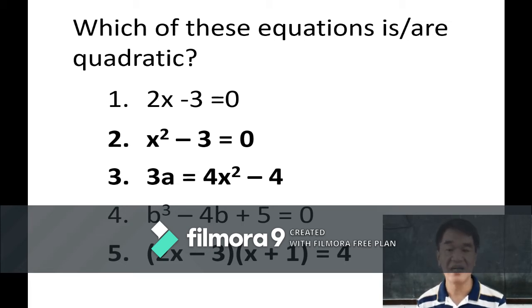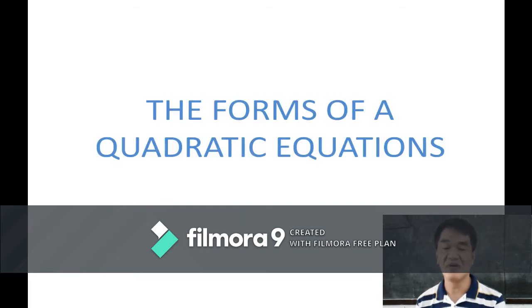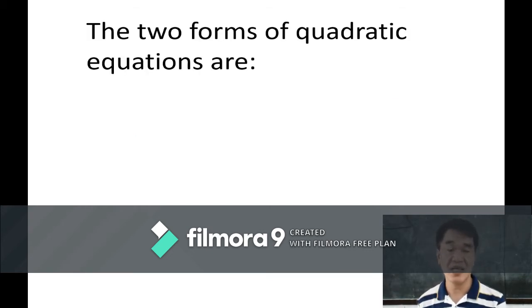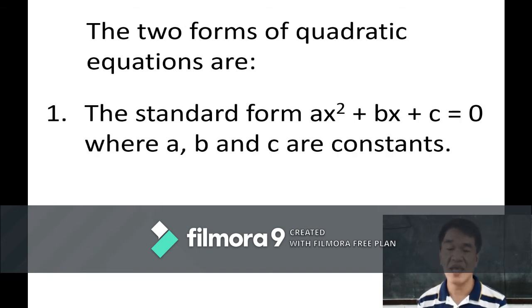Is it clear? Now, let's go into the forms of a quadratic equation. Take note that this is very useful in the next topics to come. Actually, there are 2 forms of quadratic equations. The first one is the standard form, which is ax squared plus bx plus c equals 0, where a, b, and c are constants.